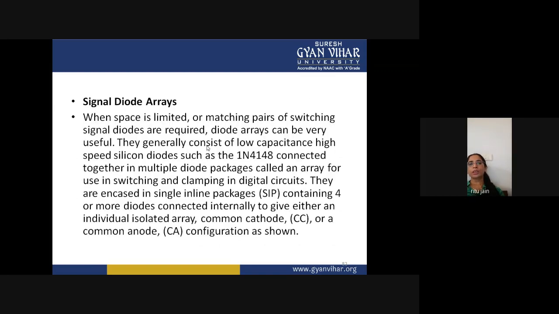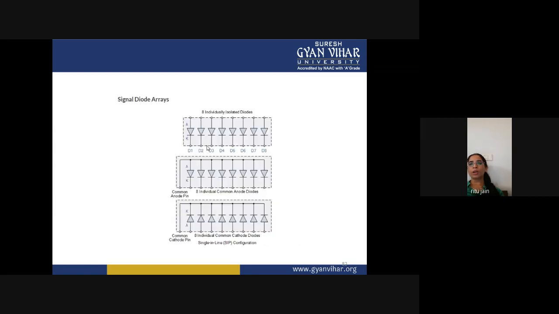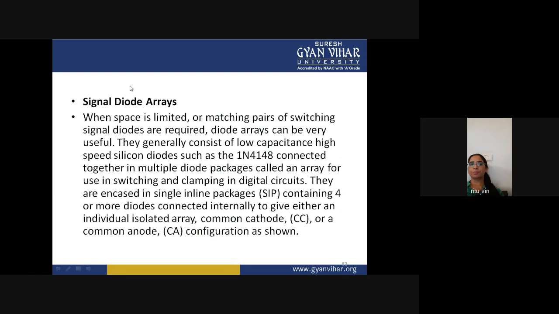So what is a signal diode array, which is a very important and interesting point. When space is limited, or matching pairs or switching signal diodes are required, you connect diodes like this. Diode arrays can be very useful.